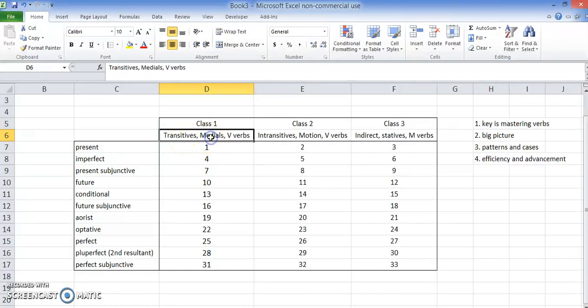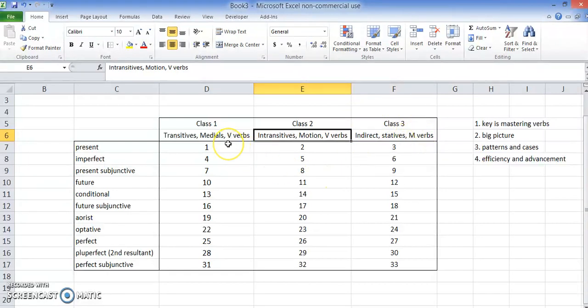I think medials are a weird one where it's kind of a direct object, but not really. I don't know exactly, but the second class is intransitive, so things that don't have a direct object. Generally, there are some exceptions. Motion verbs can also be considered V verbs, but there are some distinctions here that I think are important. In class 3, you have indirect verbs and statives, otherwise known as M verbs.